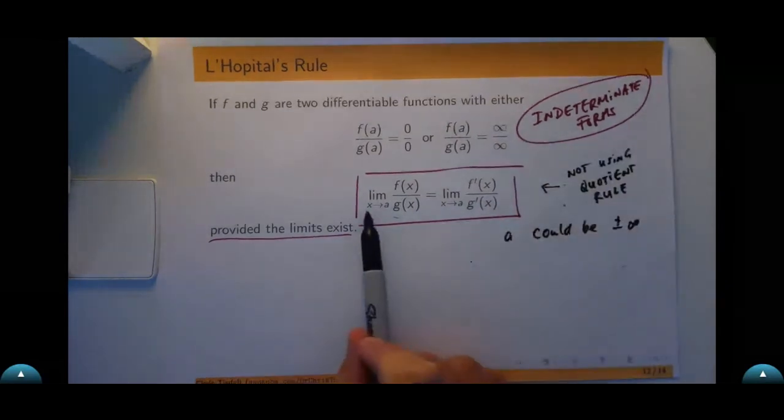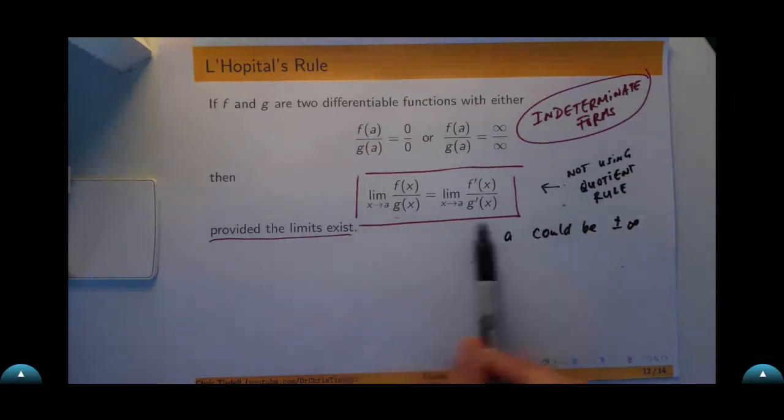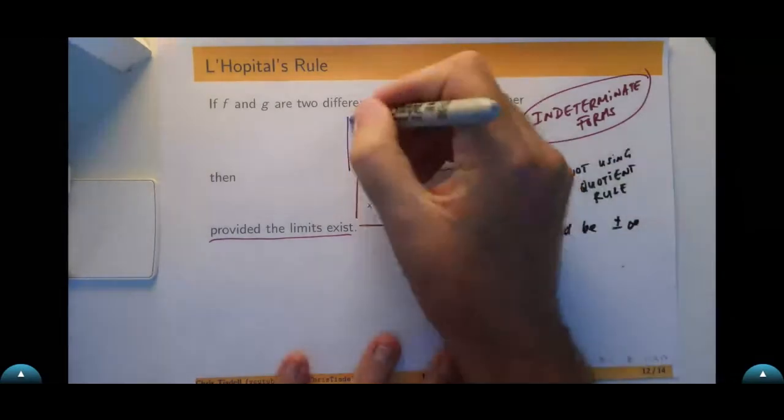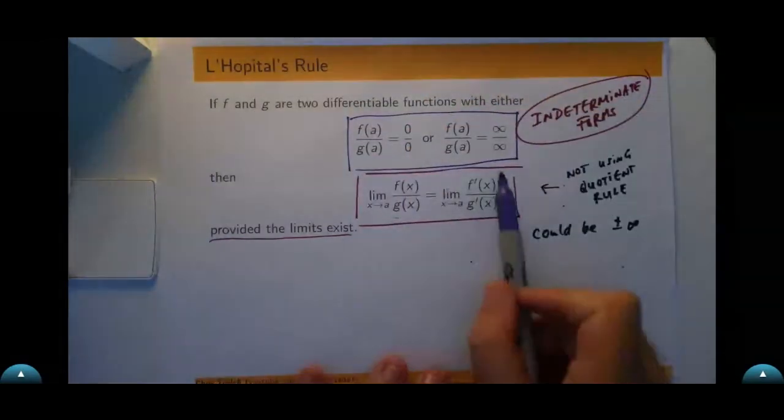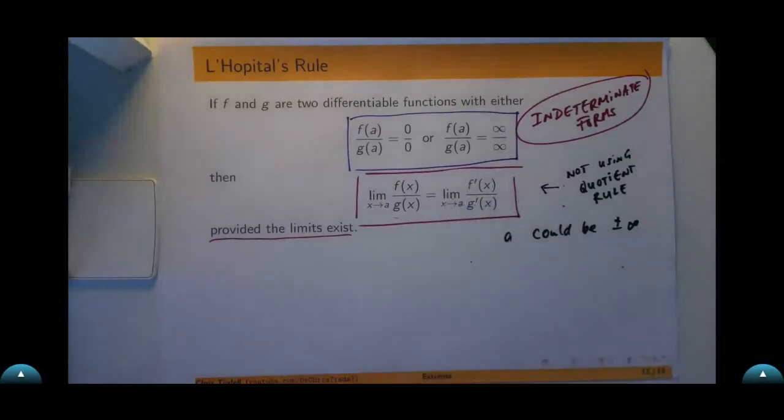So x might approach positive infinity or negative infinity. The idea still can work. Okay. So most important thing, these are the conditions. You differentiate and retake the limit. So this is usually best understood when we do some examples.